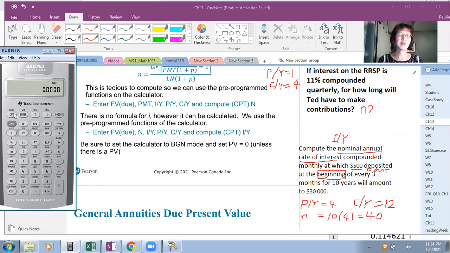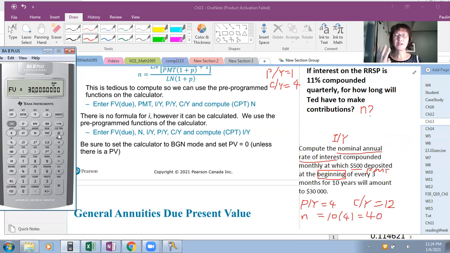Second, quit. 40 is term N. 500, negative, is PMT. 30,000 is FV.